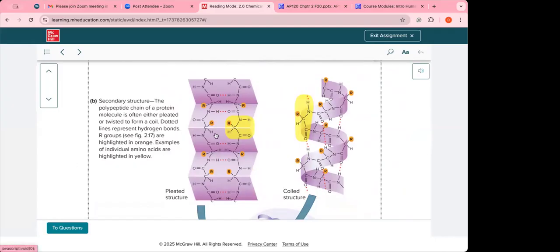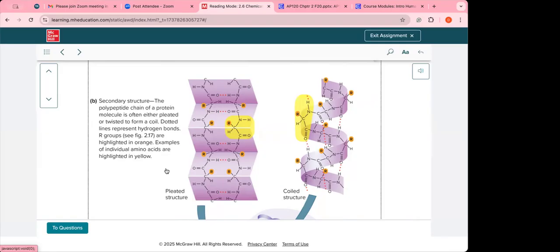The left one. Right, and it says it's a secondary structure. The polypeptide chain of a protein molecule is often either pleated, meaning folded, like those folds that you see, or twisted to form a coil. Dotted lines represent hydrogen bonds. R groups are highlighted in orange.